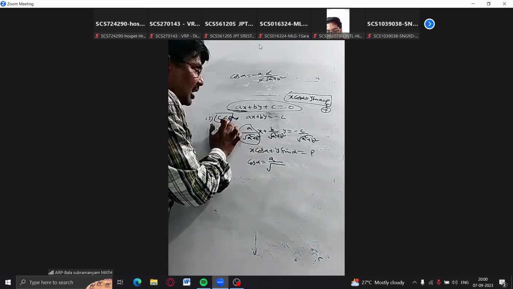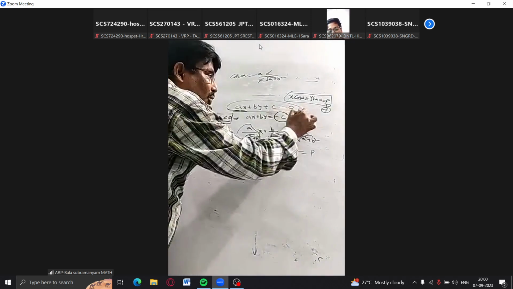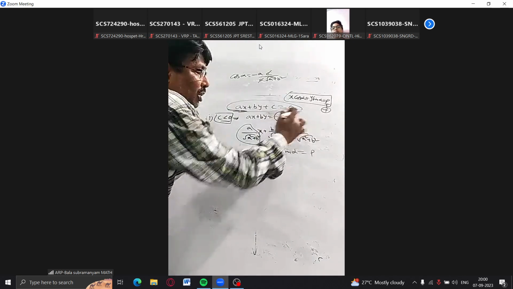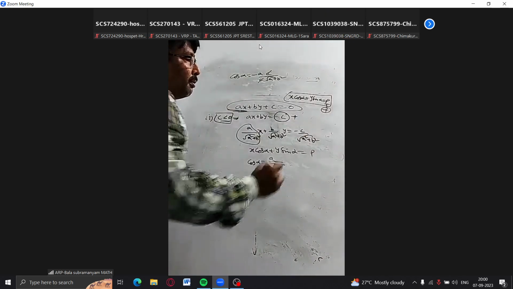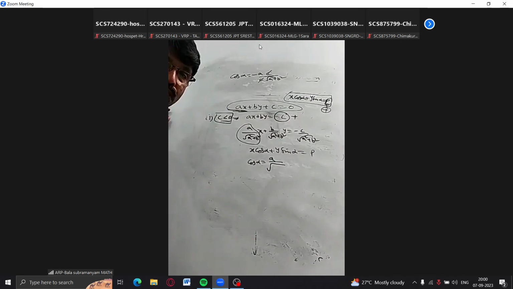Here c less than 0, that's why in the RHS minus c, but the total value is positive: c value negative of negative is positive. Because the right side of the equation is always positive.